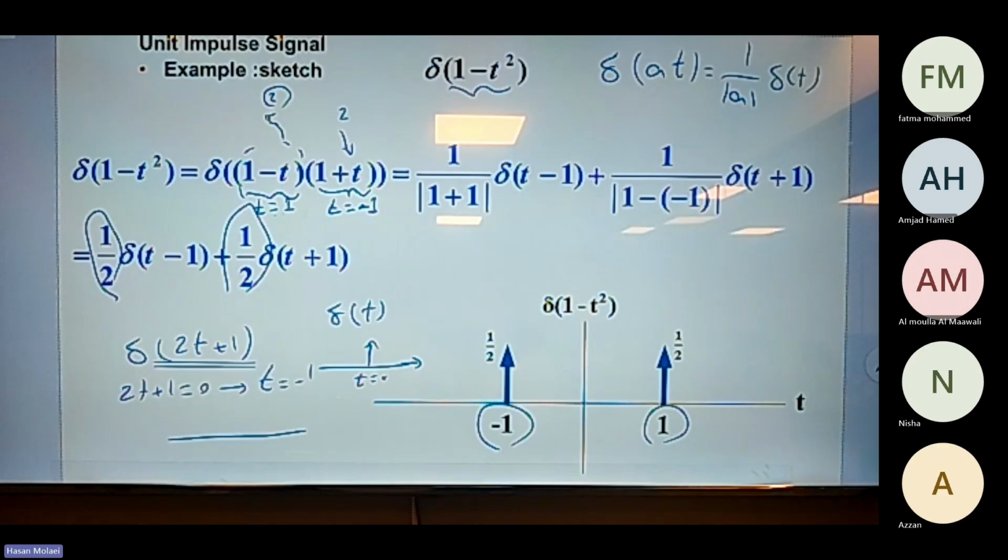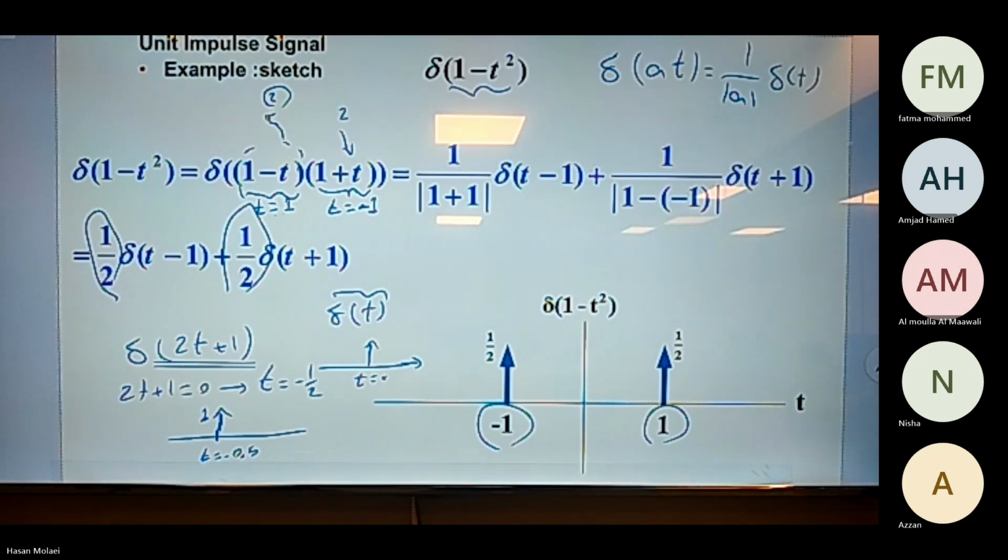So delta is defined at minus 0.5. Am I correct? Everybody agree? The amplitude is 1, based on the definition of delta.